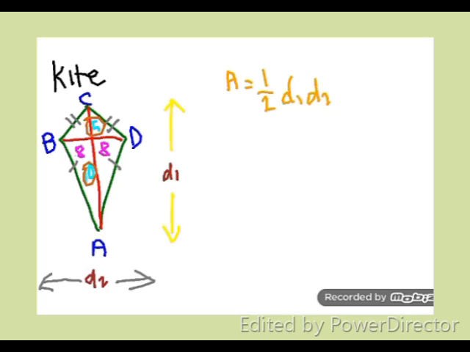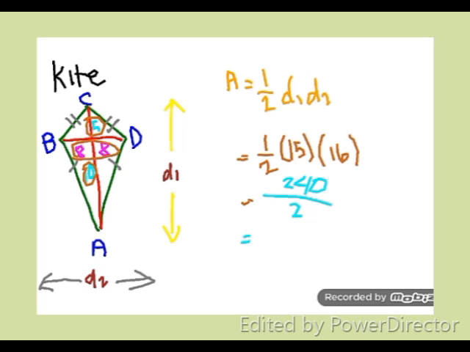Yung 5 and 10 ayun yung diagonal 1, and the diagonal 2 is yung 8 and 8. And pag plus nyo lang yan, 1/2 times 15 times 16, kasi na-substitute na yung value, sum up na rin. 1/2 times 15 16 is 240 over 2. 240 over 2 is equal to 120. Ayan na yung area ng kite.